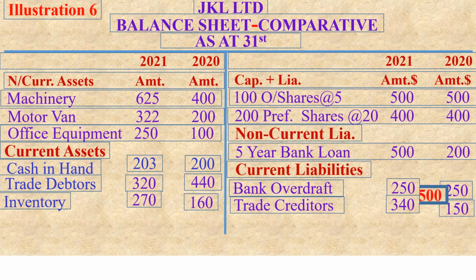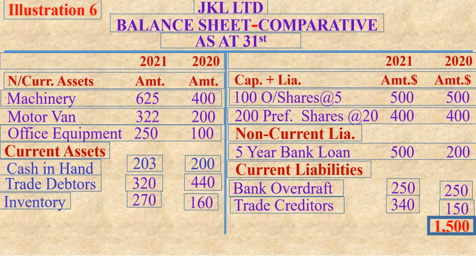So you realize that there's a matching of the years for the year 2020 and the year 2021, whereby the totals on the year 2020, as far as the capital and the liabilities are concerned, were translating to $1,500. Of course, on the asset side, you consider first the year 2020, because you cannot compare year 2020, and when you come to the side of assets, you pick the year 2021.